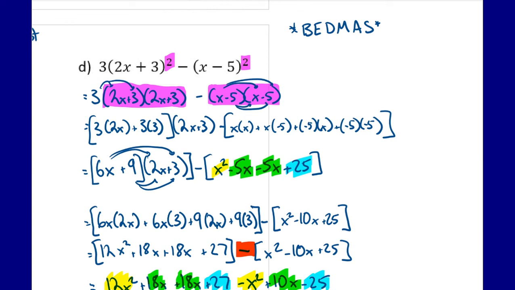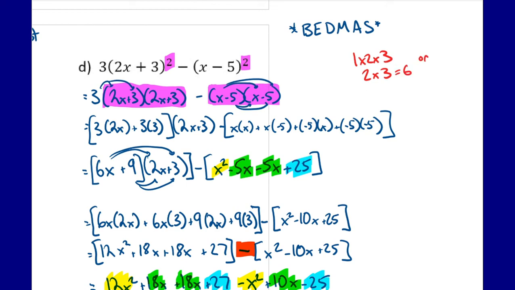So I did the exponents first. I rewrote it out and I multiplied those terms through, especially in the second term. In the first one here, I multiplied the 3 through first. When I have 3 terms multiplying each other, the order doesn't really matter. So what I mean by that is I had 1 times 2 times 3. I can do 1 times 2 first. 1 times 2 is 2, and then 2 times 3, which gives me 6.